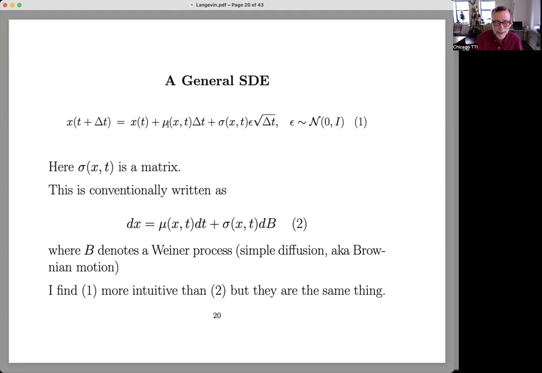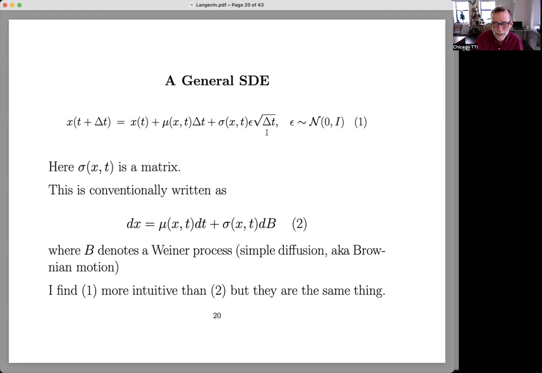However, if I take the noise term and divide by delta t, I get the square root of delta t over delta t, and it doesn't cancel. You get 1 over the square root of delta t, which goes to infinity. So the derivative of this is infinite.